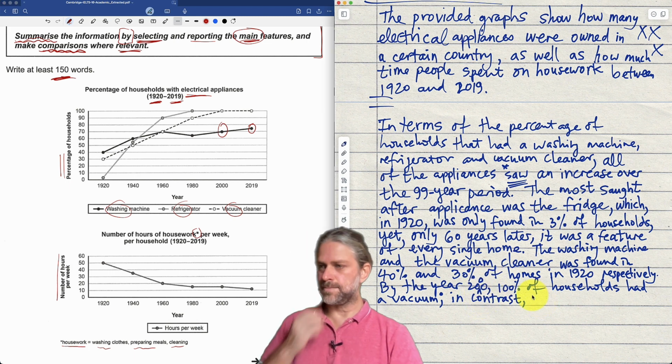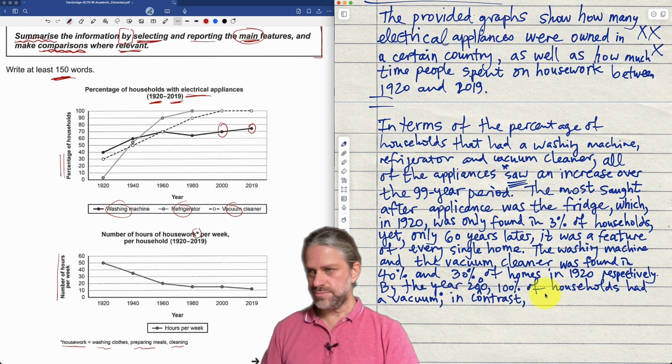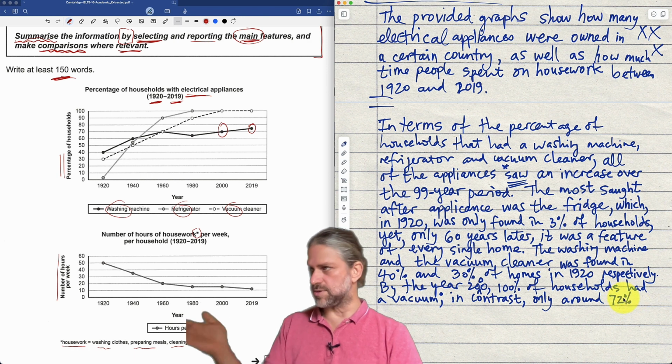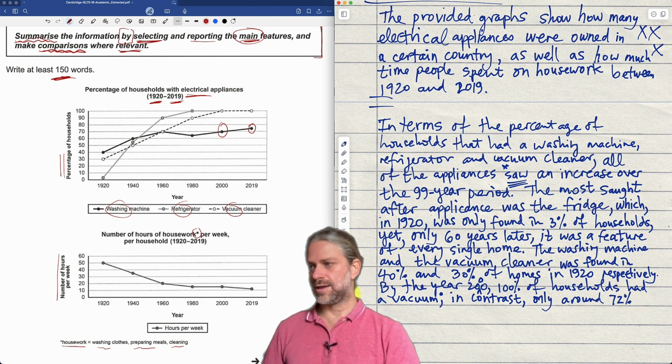By the year 2000, 100% of households had a vacuum. In contrast, only around 72%, halfway between those two, only around 72% had a washing machine.